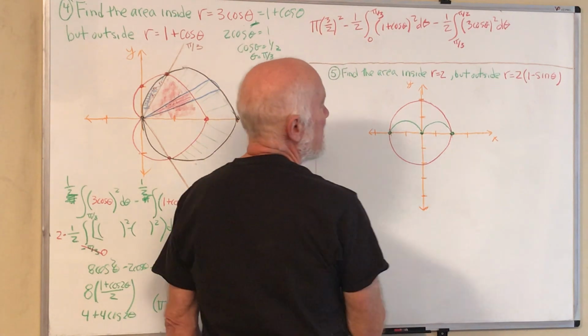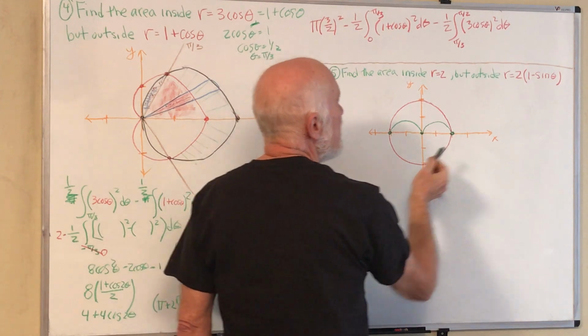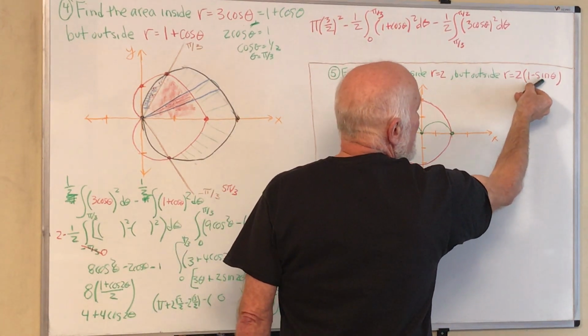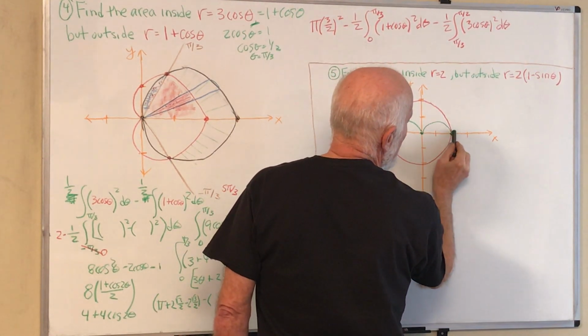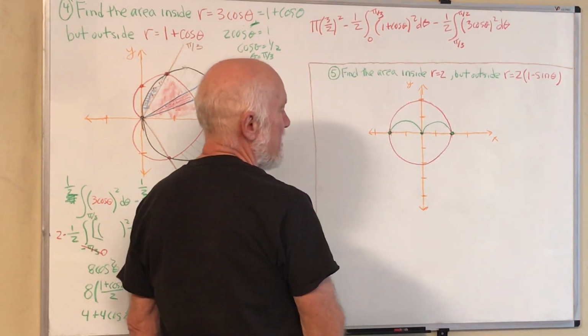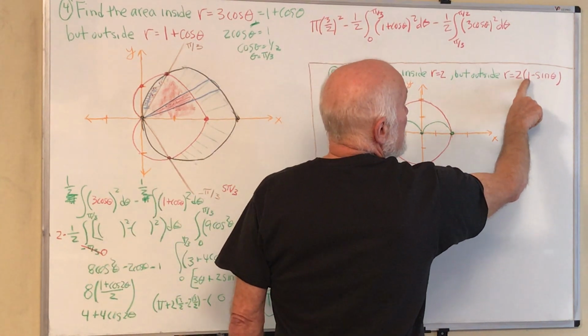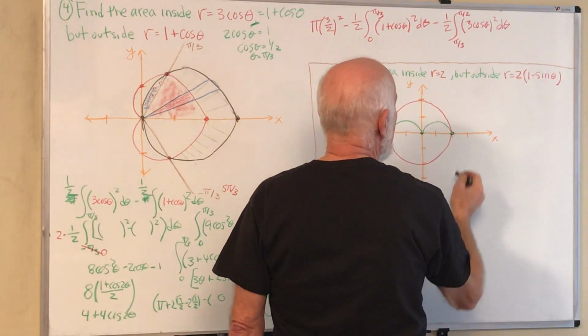So what I get is something that looks like this and like this. You could try some other values in between, but you know your radii keeps getting smaller as the sine of theta gets bigger. So it starts out at 2 and the radii keep getting smaller. Now when you put in 3 pi over 2, you get 2 times 2 or 4.